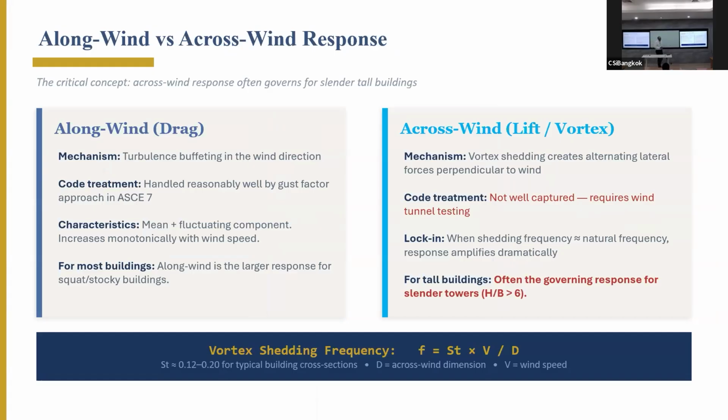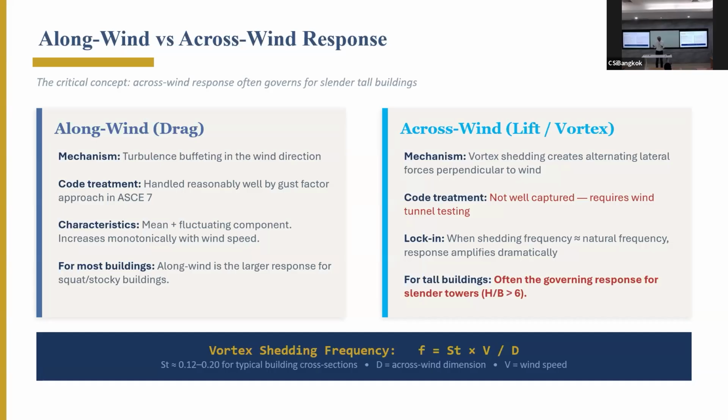This is something that most engineers, especially who are not designing tall buildings, do not recognize, because for low-rise buildings, it's not a major issue. Low-rise buildings are generally designed for along-wind pressure, because for crosswind oscillation, they are not, I should say, soft enough to respond to that. Because this happens normally at low wind speeds. So it's not a high wind, not a storm.